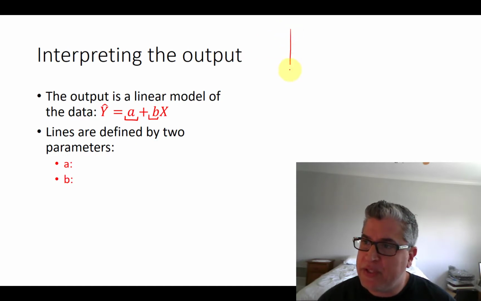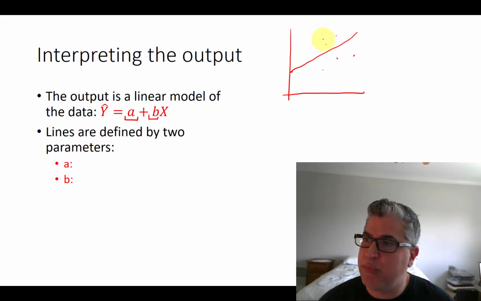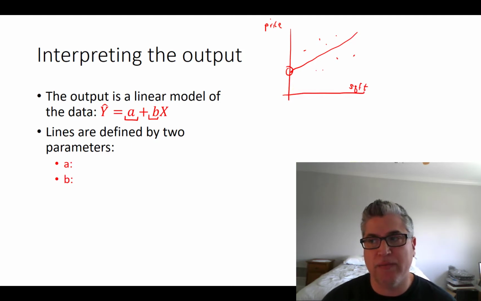Well, let's think about what the intercept is saying. We've got that line. We've got some scatter of points that go around that line. Here's our square feet, and this was price. The intercept is that point right there.